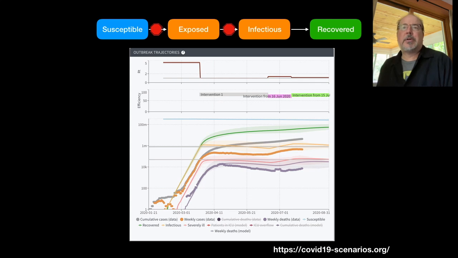It can also stop exposed individuals from becoming infectious if we're able to isolate someone who's been exposed and prevent them from spreading the disease to someone else. Now, they may still progress down this path, but if they do that in isolation, they don't spread the disease to someone else. And that's where quarantining and contact tracing plays a vital role.